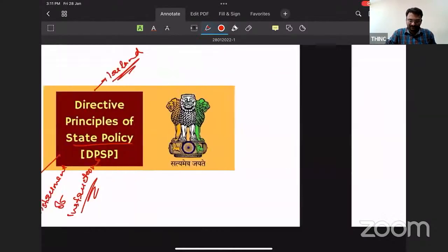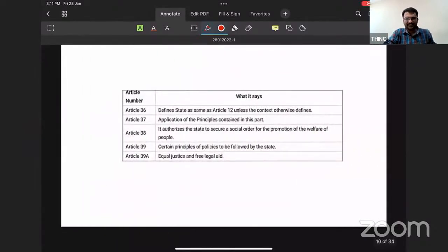There are a lot of articles coming under DPSP. We can just have a quick glimpse. Article 36 defines what is a state. Even Article 12 also defines what is a state. State means a state in the sense of the constitution: a country is a state, or even government departments.